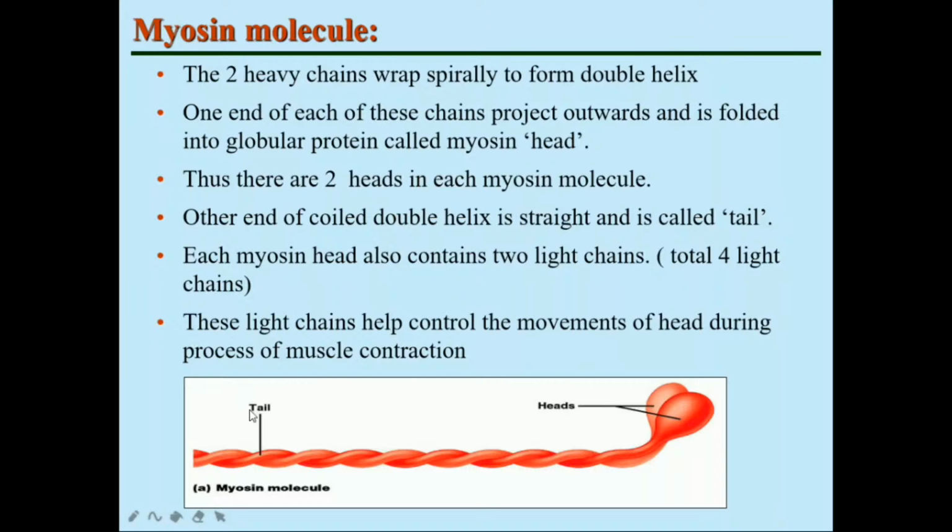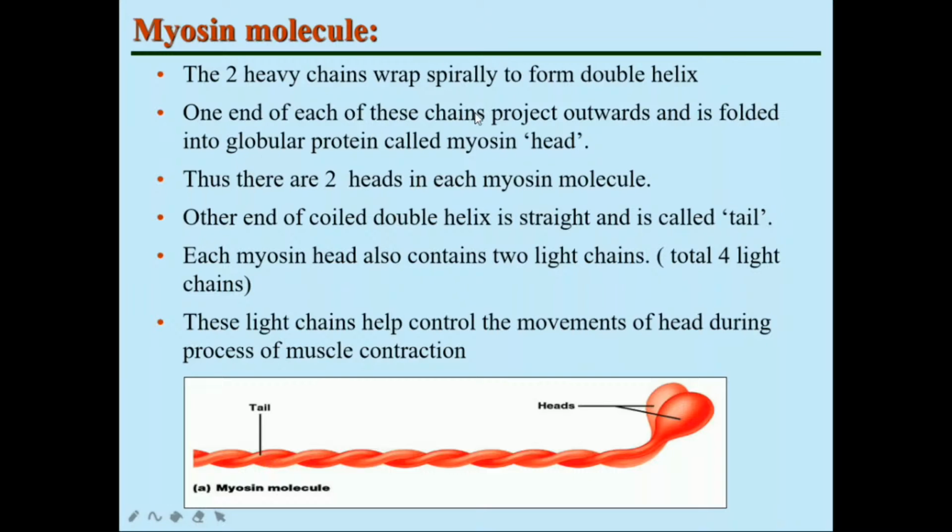Here you can see that these 2 heavy chains extend right from this part up to the head, and these two heavy chains are wrapped spirally to form the tail of the molecule. So this portion, which contains the two heavy chains wrapped around each other, is called the tail of the myosin molecule.